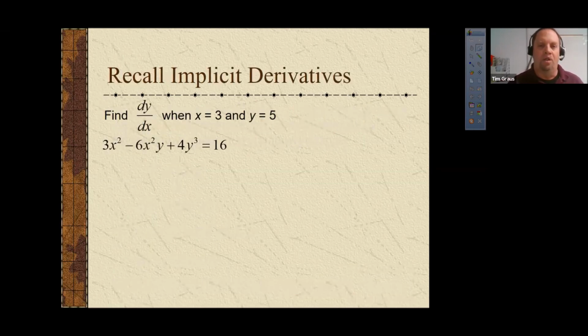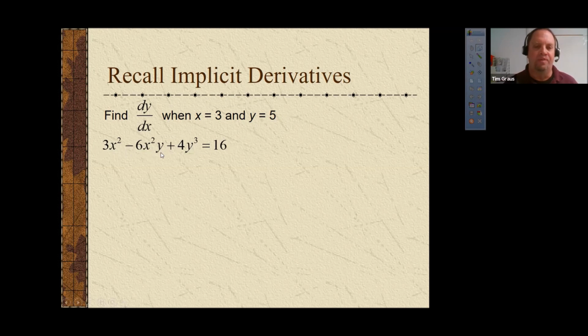Next, I want to recall something we learned a little while back called implicit derivatives. So we had problems like this: find dy/dx when x equals 3 and y equals 5. And then we were given a formula which involved a mixture of x's and y's, where we understood that x was a variable and y was actually an implied function.